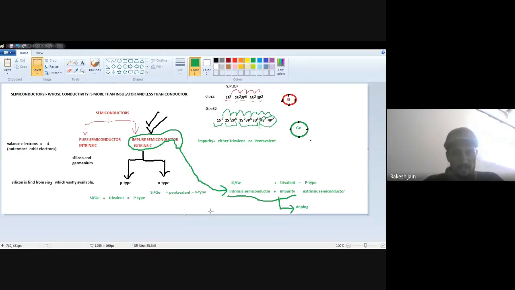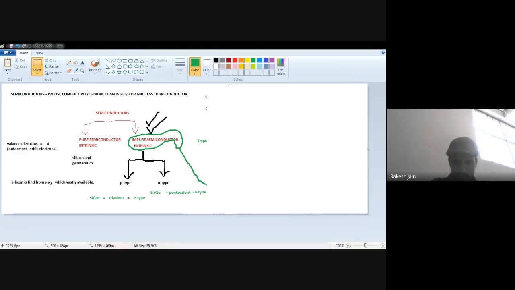So whenever a trivalent impurity is mixed, how can we say that it is mixed or not? So see how it will mix.